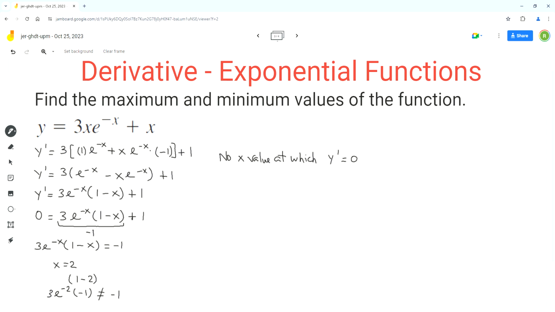So there are no maximum and minimum points. So that means this function has no maximum and minimum values. So there is a very important concept you need to understand and memorize for this type of function. So this should be the final answer for this problem.